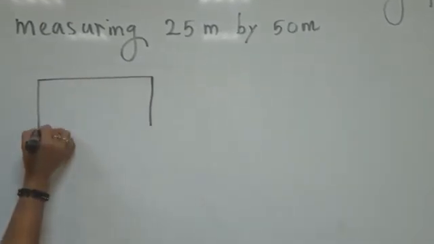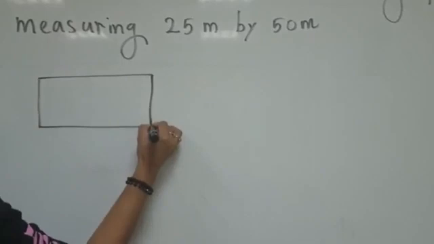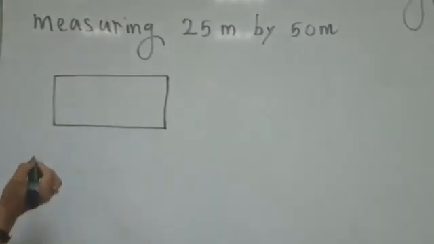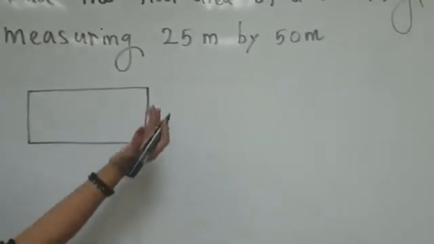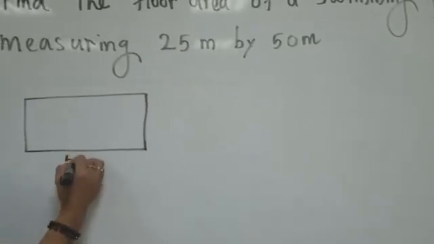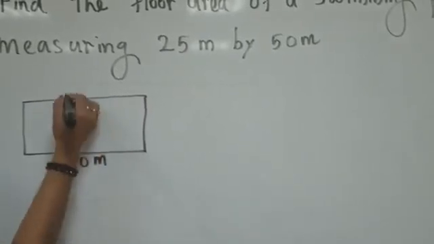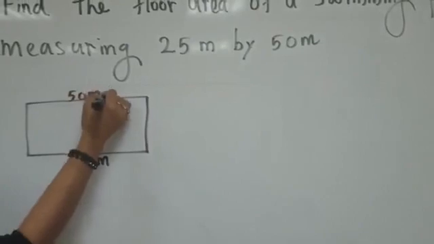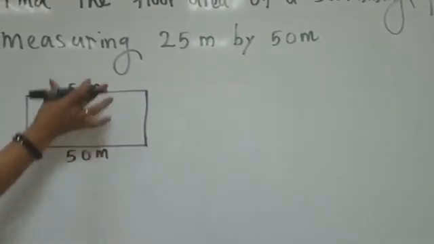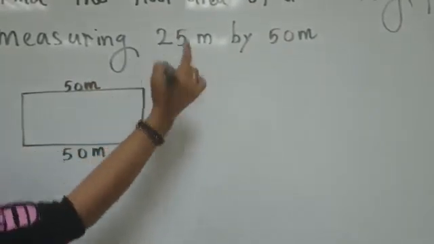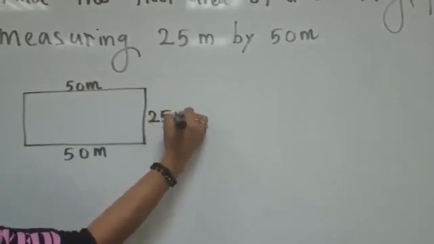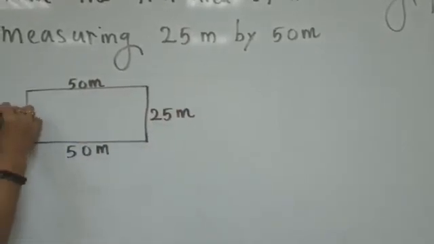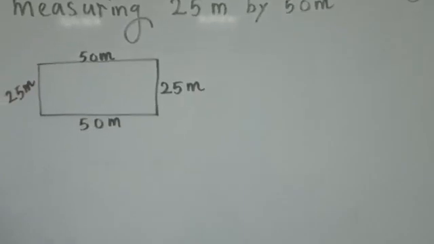When you get numbers like that, you have to assume which kind of plane figure it is. So 25 meter by 50 meter. 50 meter we will take as length. So here also 50. We already learned a rectangle has opposite sides equal. Here 25 meter, so here also 25 meter.